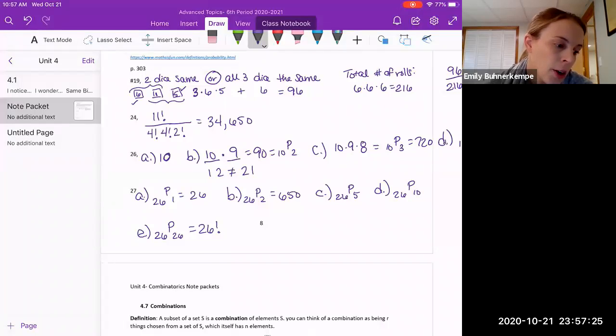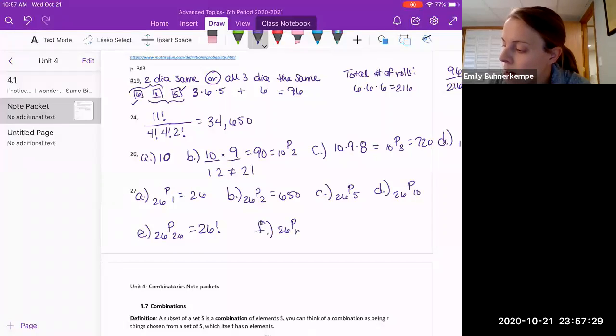Or an n-letter PIN, 26 permute n. Same as before. This works if n is less than or equal to 26. If n is greater than 26, then there are no pins that will work.